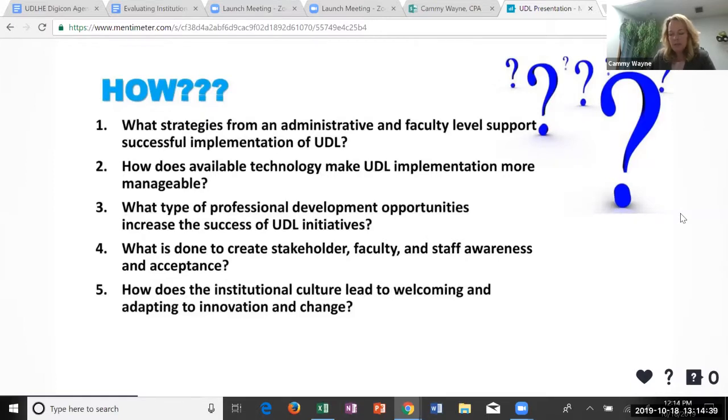And then what can be done to create stakeholder, faculty, and staff awareness, but not only awareness, but acceptance? And I think that's where we get stuck a lot of times. And then finally, how does institutional culture lead to welcoming and adapting to innovation and change? So we'll look at these questions and we'll see how this implementation can be easier with some activities and strategies.